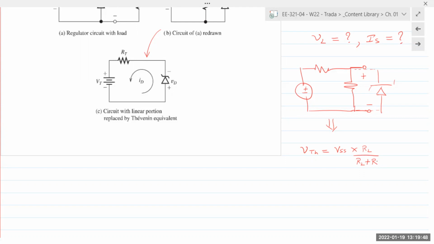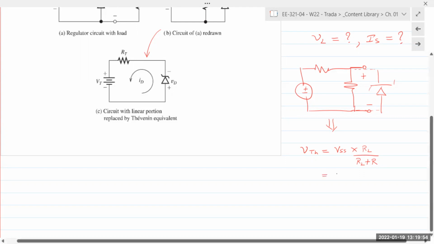Okay, VSS times RL divided by RL plus R. Plug in the values and we solve for that voltage. So VSS is what? 24 volts. RL is what? 6K, so 6,000. And then R is 1200. 1200 plus 6,000 gives me 7,200.